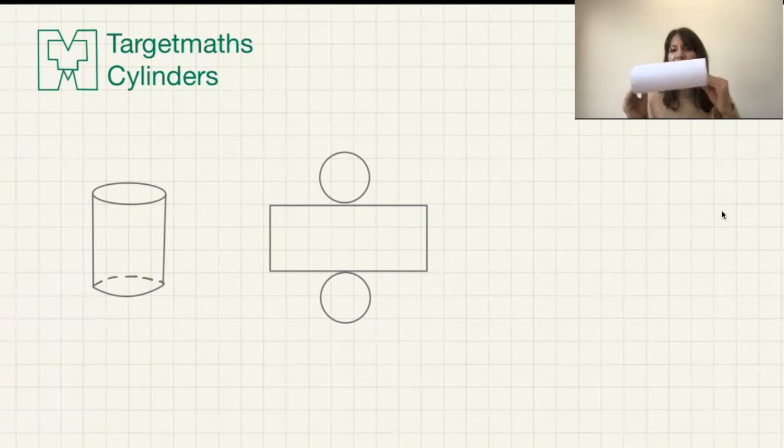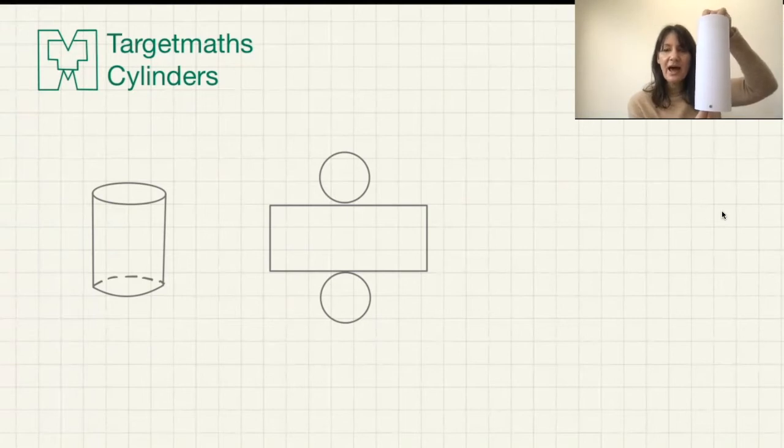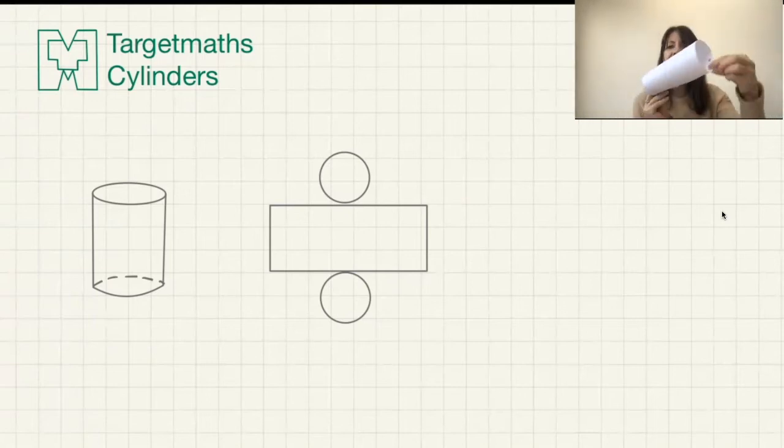So I'm going to try and do it with a piece of paper. If this was my cylinder, let's say it's a baked bean tin, and this is the label around that tin. You can see that the label will make a circle when it's rolled up. And this circle is the top of the tin, but it's also the circumference of the tin.